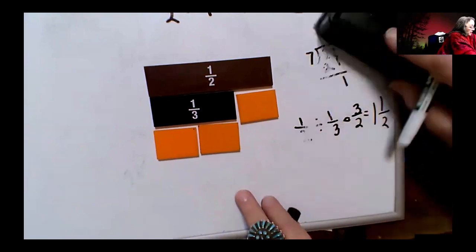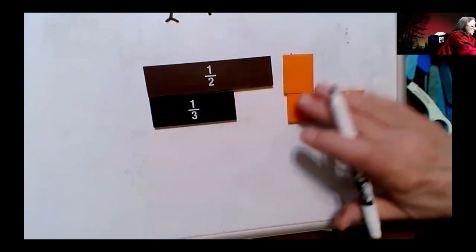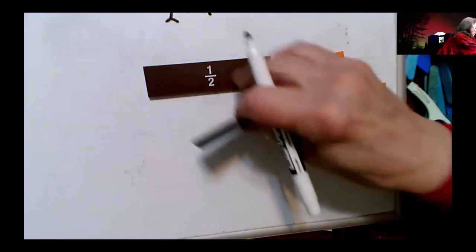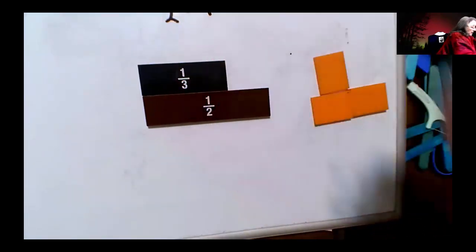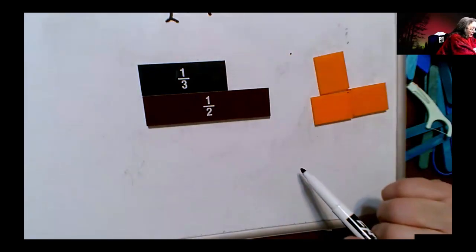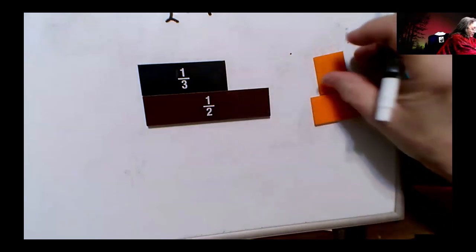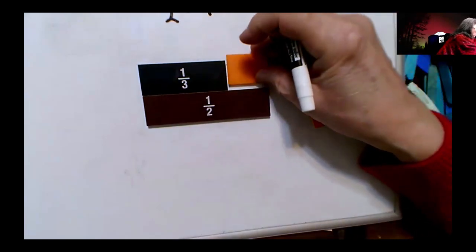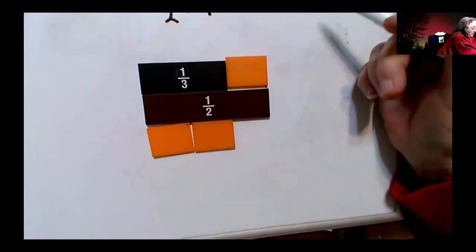But if the quantity I'm dividing by is greater than my dividend, it's not how many of it can I make, it's how much of it can I make. So 1/3 divided by 1/2, I can only make 2 of the 3 equal parts of my half.